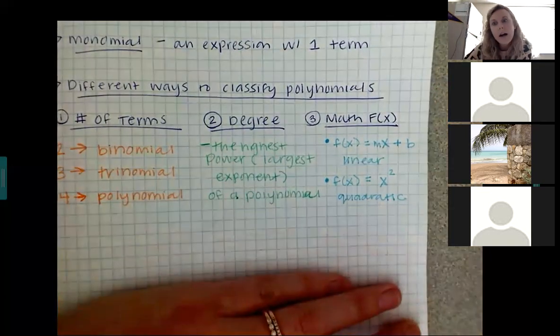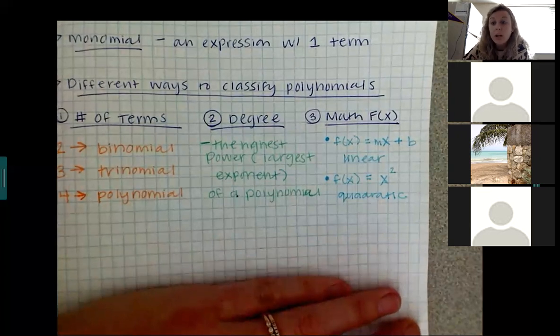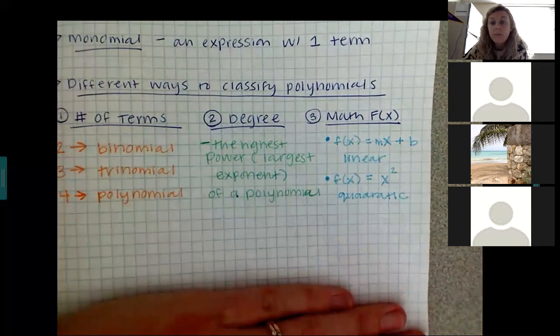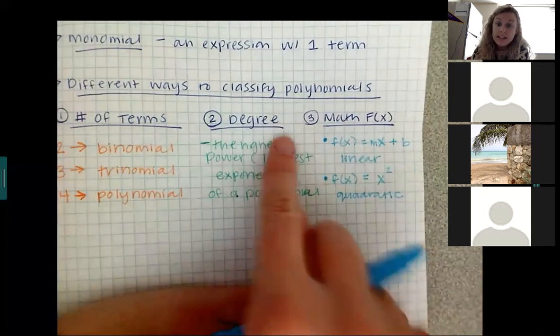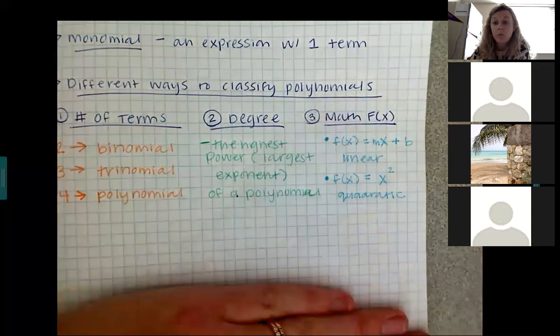A parabola is what the graph of a quadratic function is called. It's a U shape, right? The function itself would be quadratic. So if our largest exponent, aka our degree, is a 2, that is a quadratic polynomial.